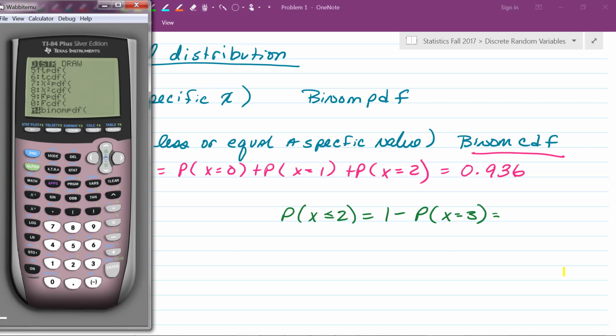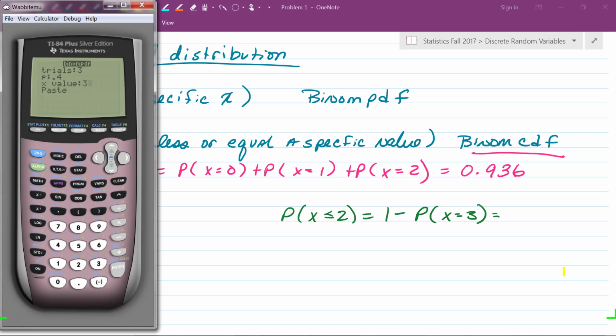I'm going to select it by hitting enter. How many trials do I have? 3. What's my value or probability of success? 0.4. And in this case, what is the specific probability or the specific x that I want to know the probability of? In this case, it is 3. Now remember, I've already gone 1 minus, because I've already put in the calculator 1 minus whatever I'm calculating.